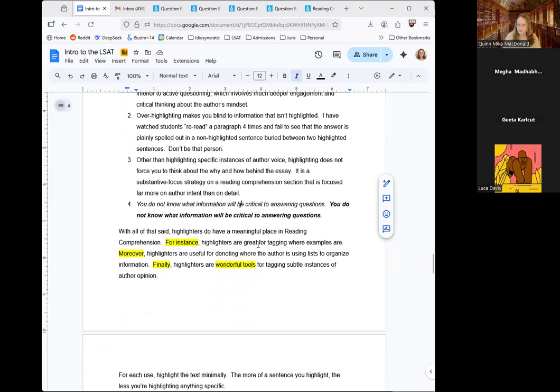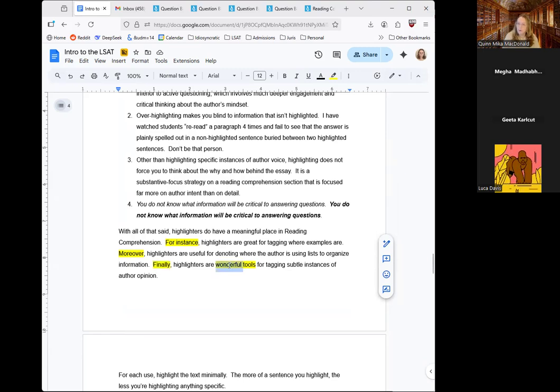So when do we use highlighters? Well, highlighters are great for tagging where the author has made examples. So for instance, that's the sort of thing I would highlight while reading. I would also highlight listing words, moreover, and finally. Really, really good to call out where there's hidden lists in the author's text because that helps structure our understanding, which also makes it easier to remember the actual content. And finally, there are a lot of one-word instances of author opinion.